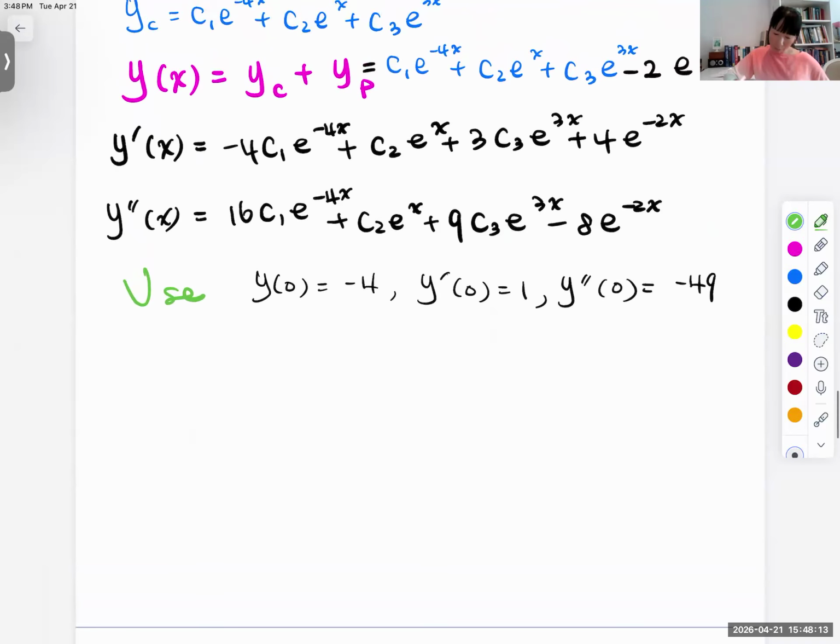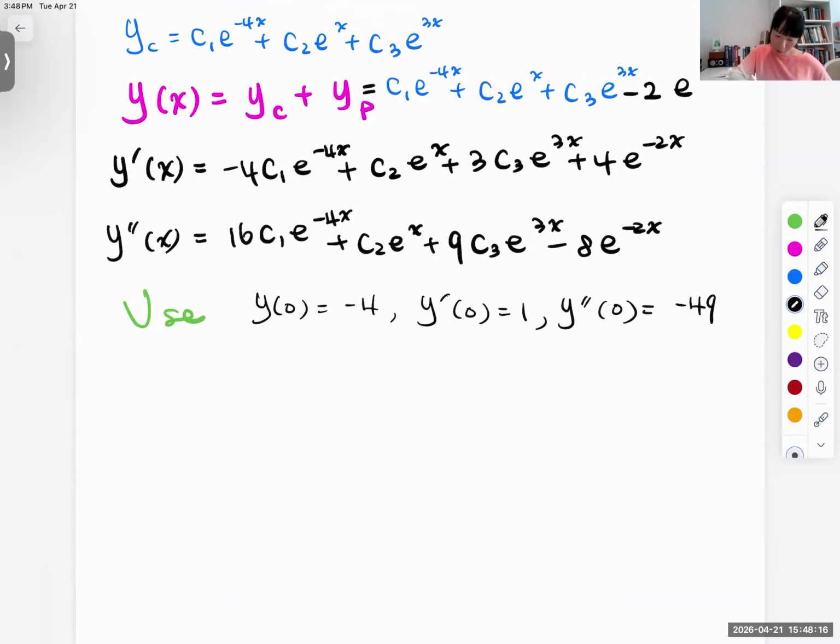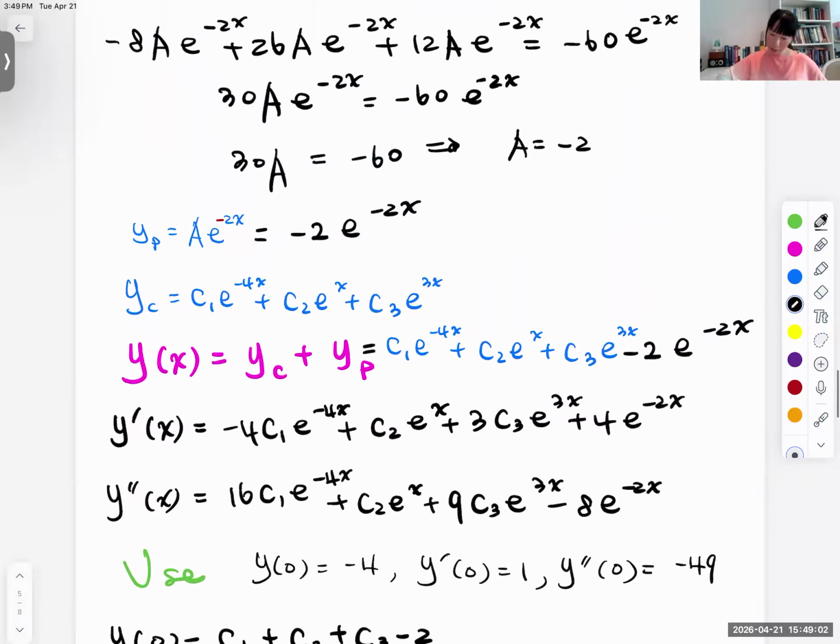All right. Now we have y of 0. Looking at the pink here, so C sub 1 plus C sub 2 plus C sub 3 minus 2. And we have a right hand side.